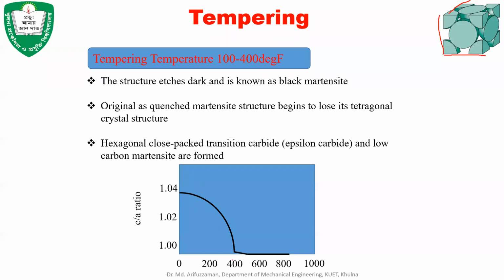When you reach a temperature of 400°F, the C by A ratio decreases like this. This is the curve that it follows. It indicates how much residual stress has been relieved. That means when this ratio is 1, there is no residual stress present.